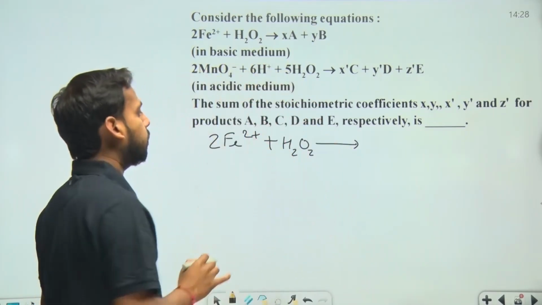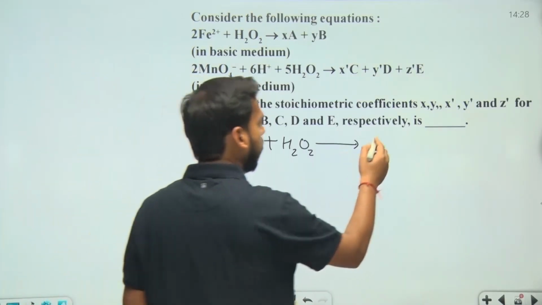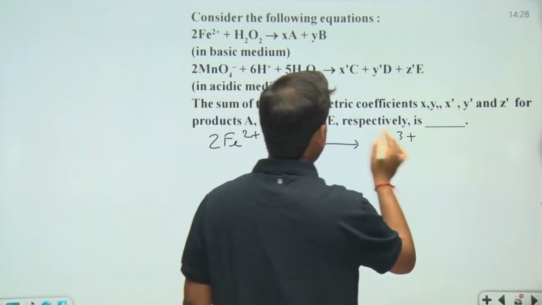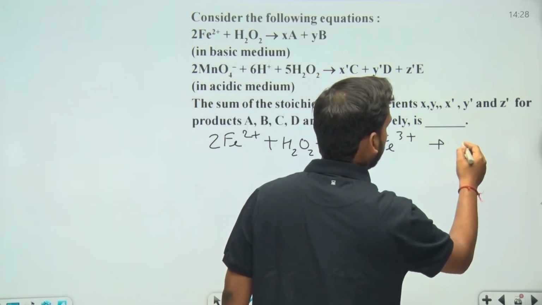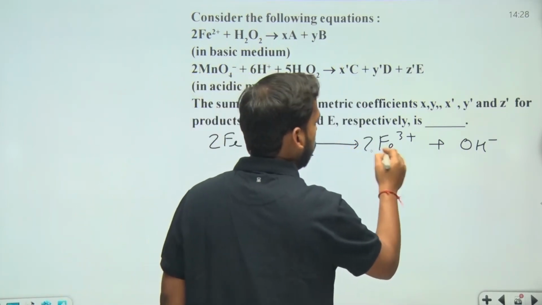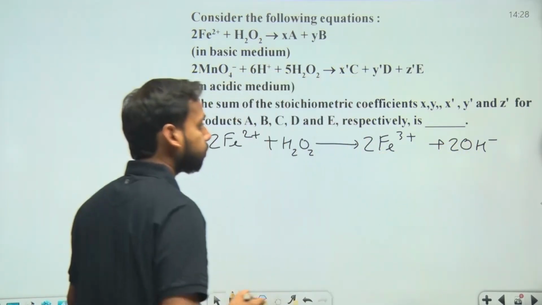In the basic medium, iron 2 plus will oxidize to iron 3 plus, and H2O2 gets converted into OH minus. So on balancing, it will become 2 here and 2OH minus.